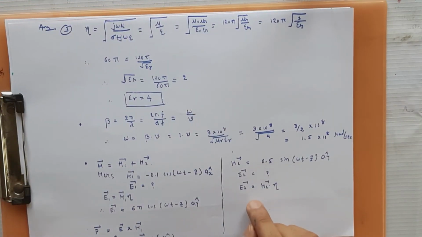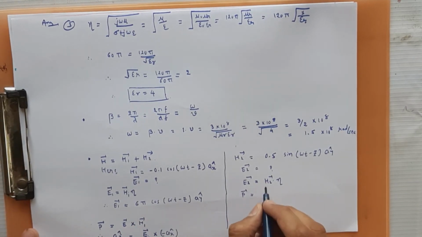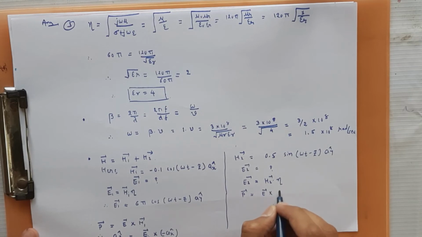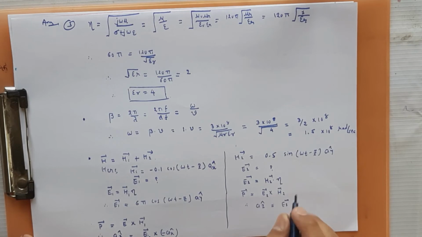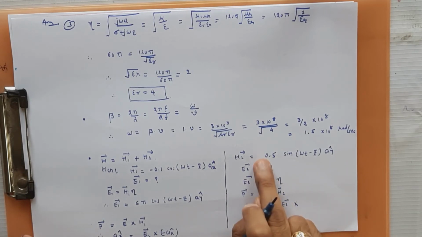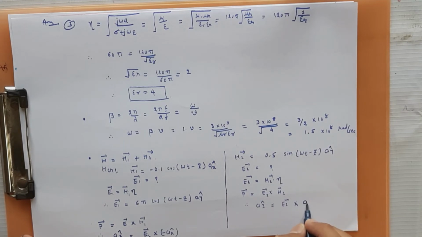But now the question is, what is the direction of E2? Again we use the same equation: propagation direction, or Poynting vector direction, is E2 direction cross direction of H2. The propagation direction is the same, positive Z direction. Here H2 is positive 0.5, so H2 direction is positive Y direction. So E2 should be in which direction?